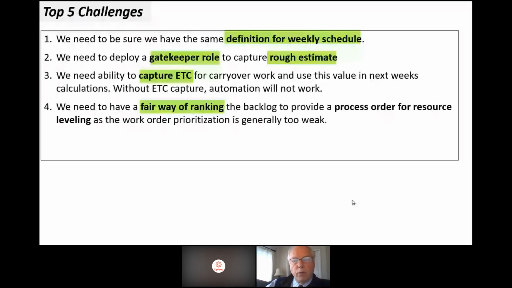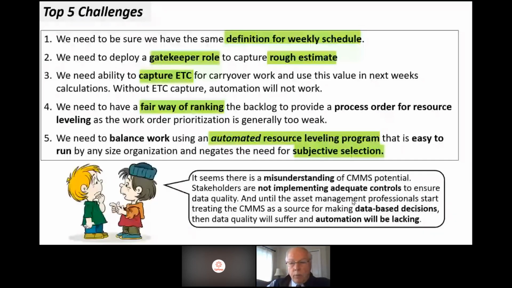So that's a problem. If we can't rank the backlog, that's going to screw up the processing order for resource leveling. I'll explain more of that later as to how that is important. We need to balance the work using an automated resource leveling program to minimize the need for subjective selection.